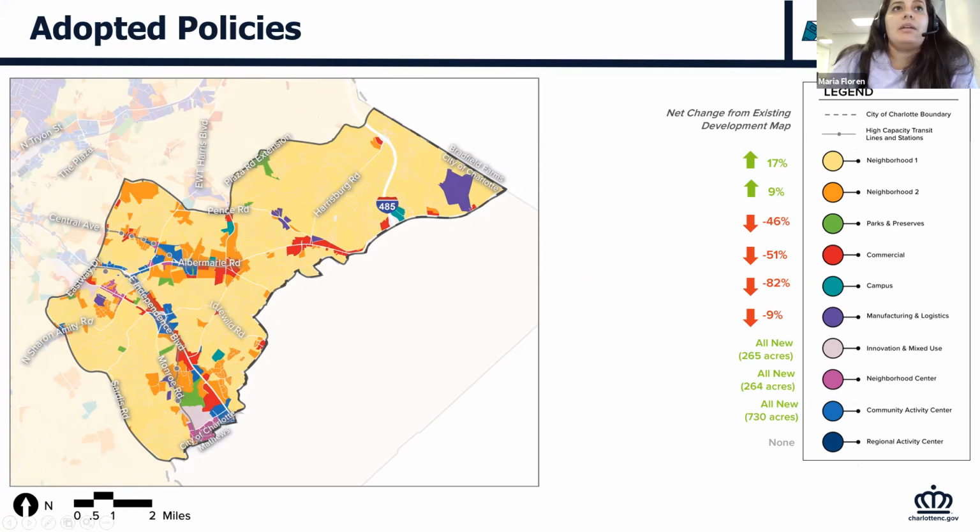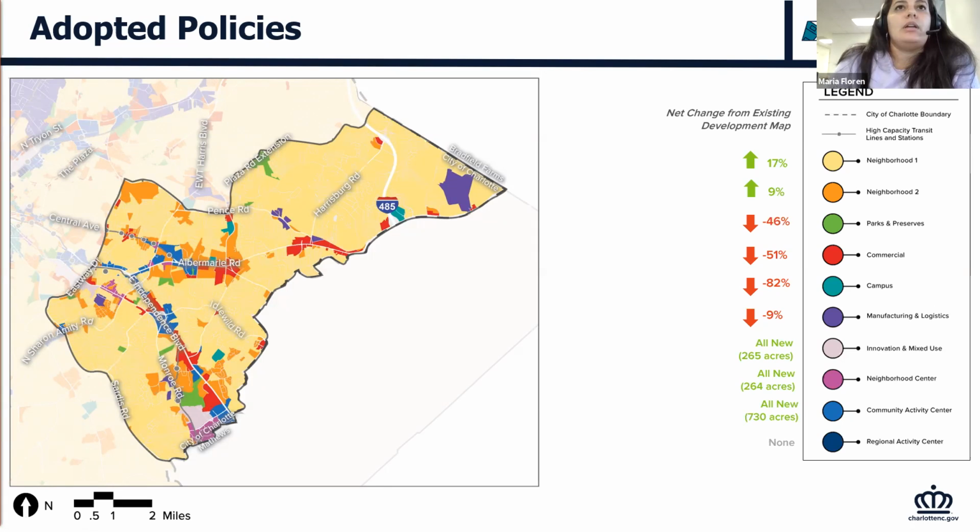And then the second step in the mapping approach was to translate the city's adopted policies and existing entitlements into place types. So that's what you see on the screen here, and you can see the percentage change on the right legend. This translation was based on several inputs: future land use recommendations from area plans since 2010, as I mentioned, and zoning in the area. In some instances, there wasn't a clear translation between existing zoning and future place types.